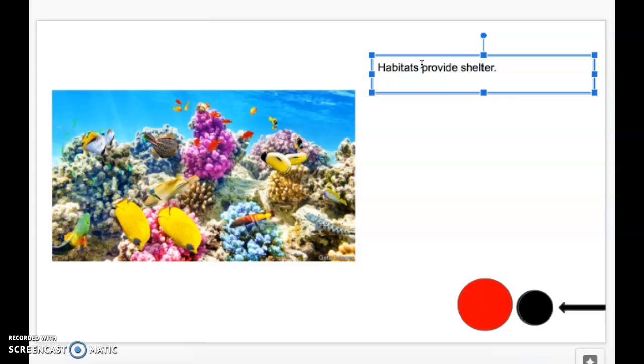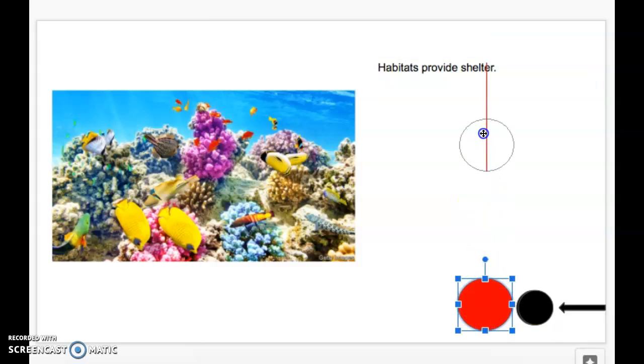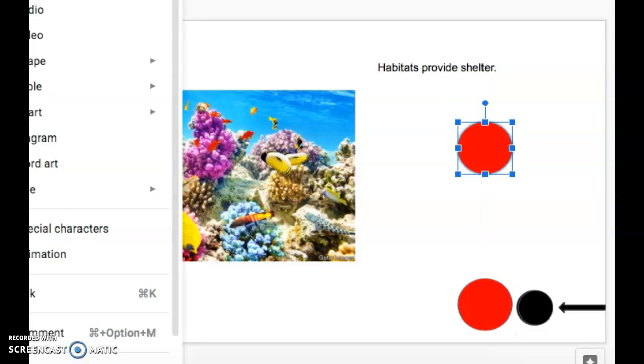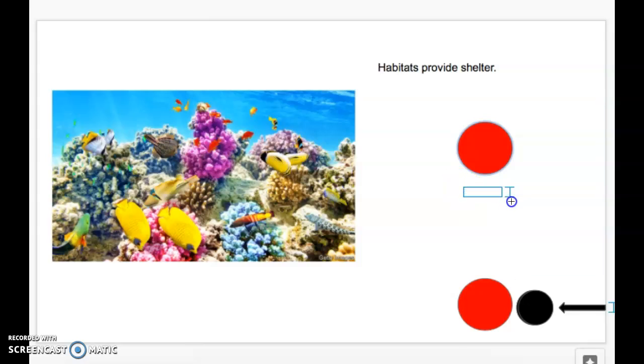So with my simple sentence of just something performing an action and one thing receiving it, I have habitats provide shelter. I'll go on my hunt first, and what am I looking for? The action. And in this case, the action in our sentence, provide.